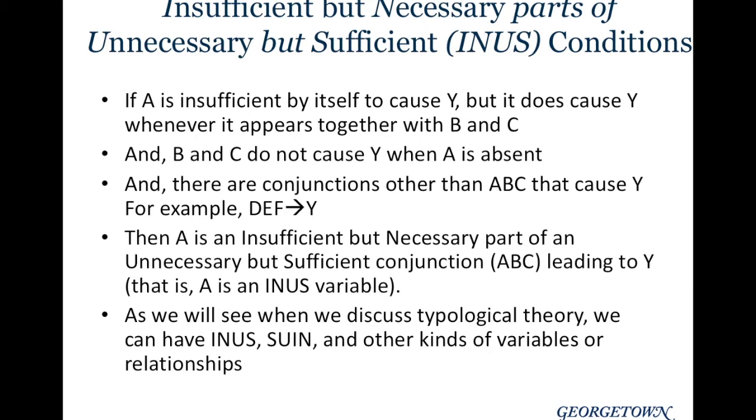Let's further imagine there are other combinations of variables that can cause Y, and they don't involve A or maybe even B and C. So maybe D, E, F also causes outcome Y, right?